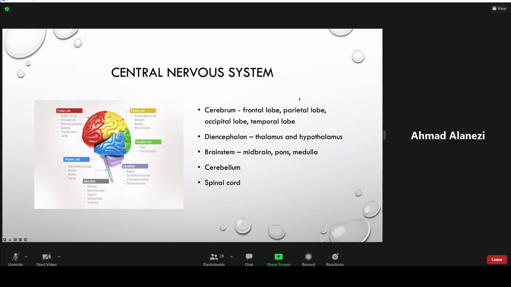So what's the function of the frontal lobe? Motor functions. Personality. Excellent, Nawaf, Faisal. So it's involved in motor function and also executive brain function.